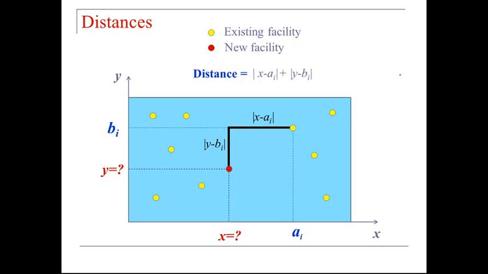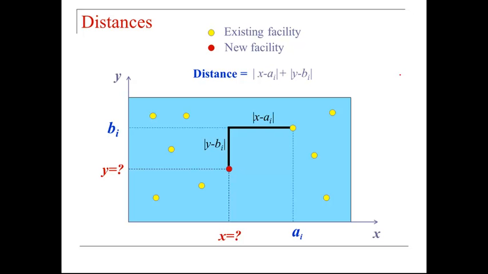Here's a description. The existing facilities are denoted by those yellow circles, and we are going to add a new facility, which is this red circle.